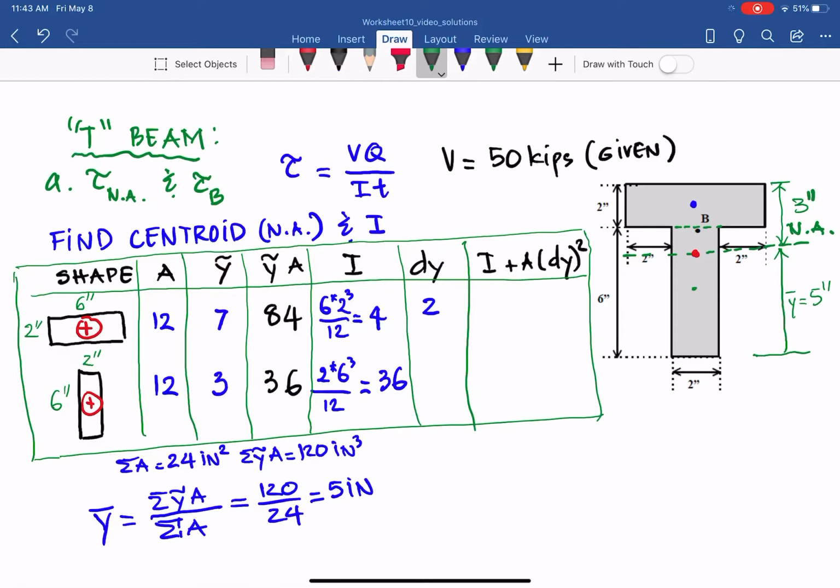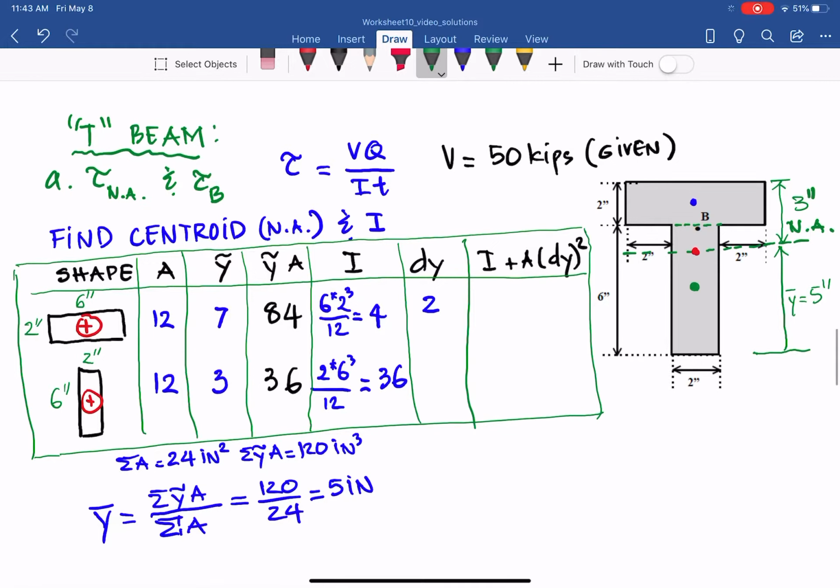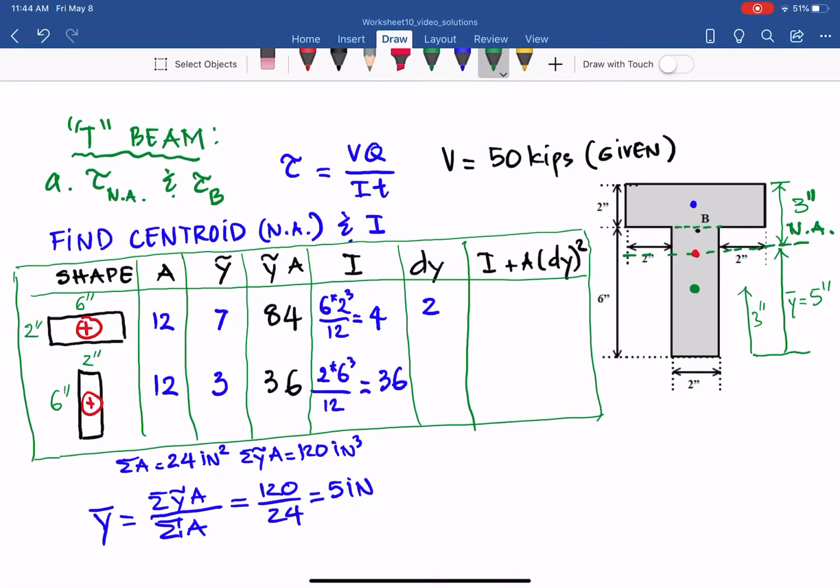So from the red to the green one for this shape, as you can see, it is 5, and from here to there is 3, as we did earlier. So the difference will be 2, also 2. So 5 minus 3 equals 2.